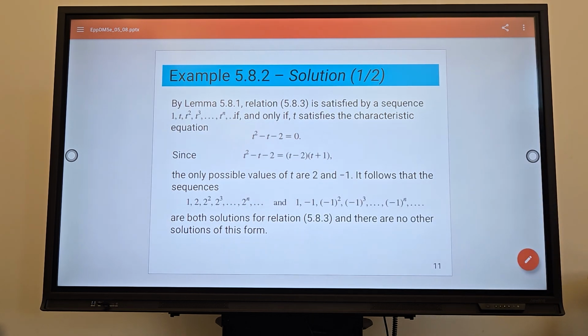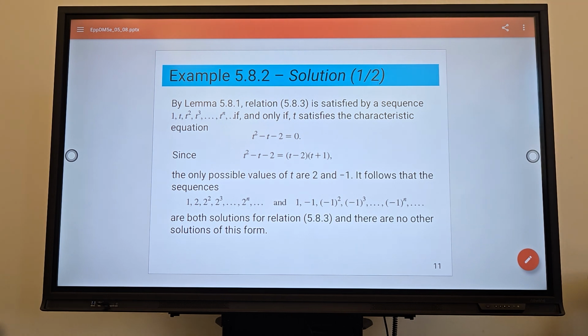By Lemma 5.8.1, the relation is satisfied by the sequence if and only if t satisfies the characteristic equation t squared minus t minus 2 equals 0. Since t squared minus t minus 2 equals t minus 2 times the quantity t plus 1, the only possible values of t are 2 and negative 1.